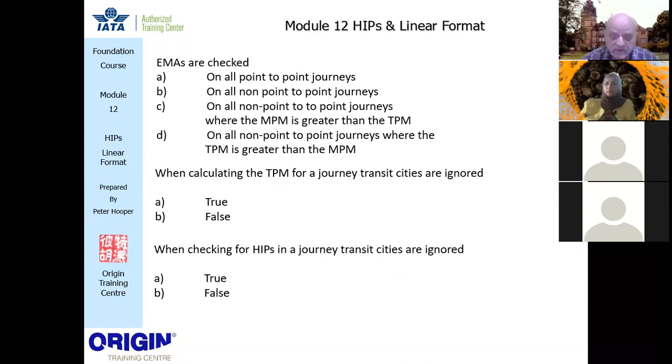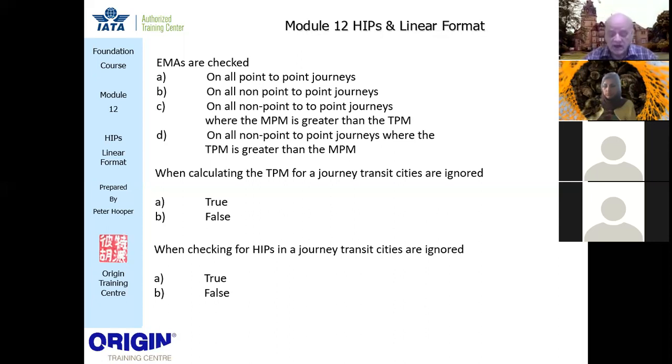No. To check for an extra mileage allowance, the TPM has to be bigger than the MPM. What do I mean by TPM? Ticketed point mileage, which means the number of miles I'm flying, city to city.